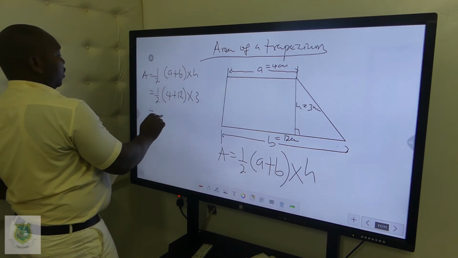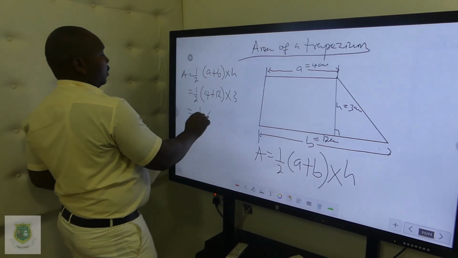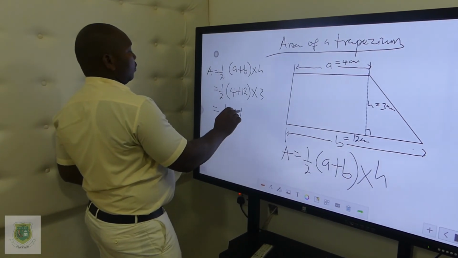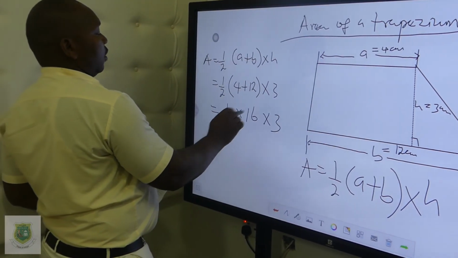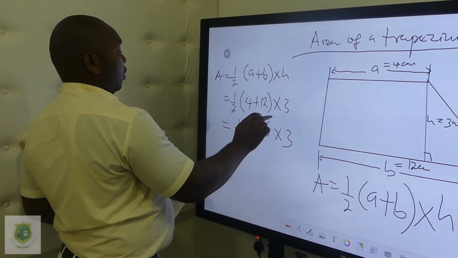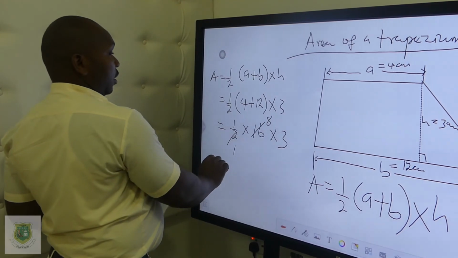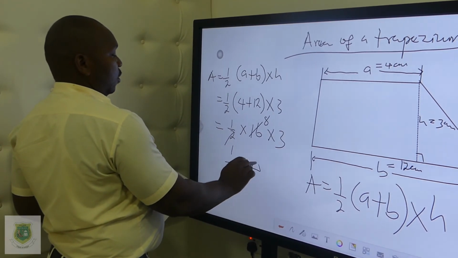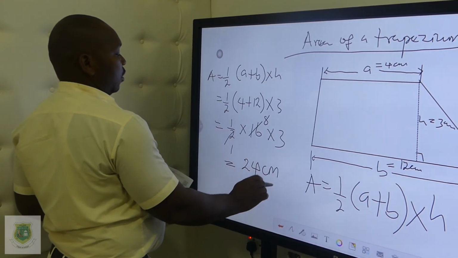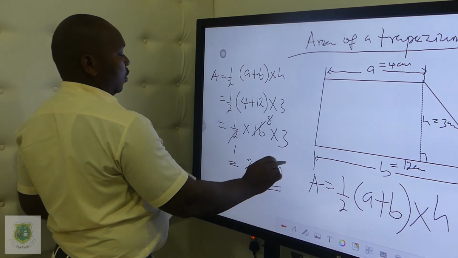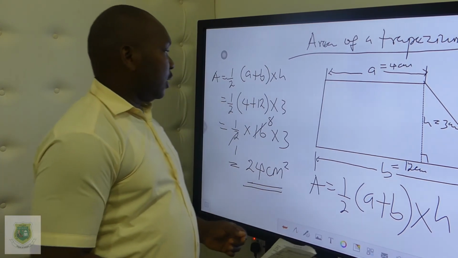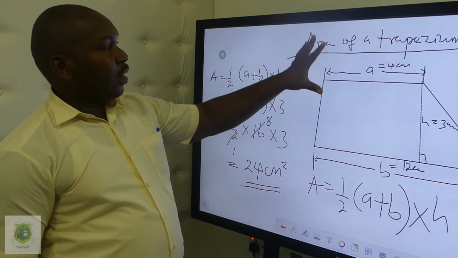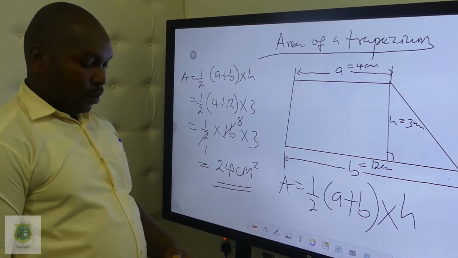So this gives us 1/2 times 16 times 3. Half of 16 is 8, and 8 times 3 is 24 centimeters squared. So this is the area of a trapezium.